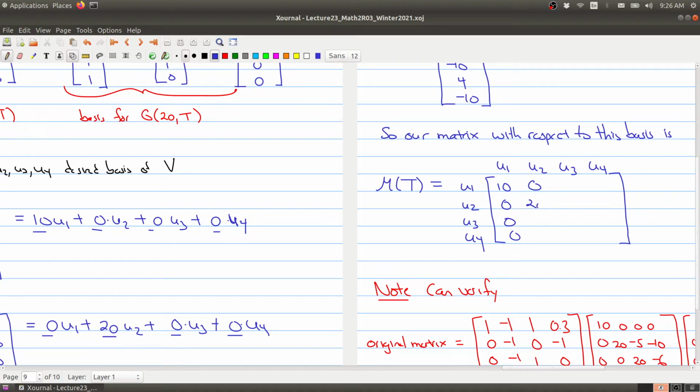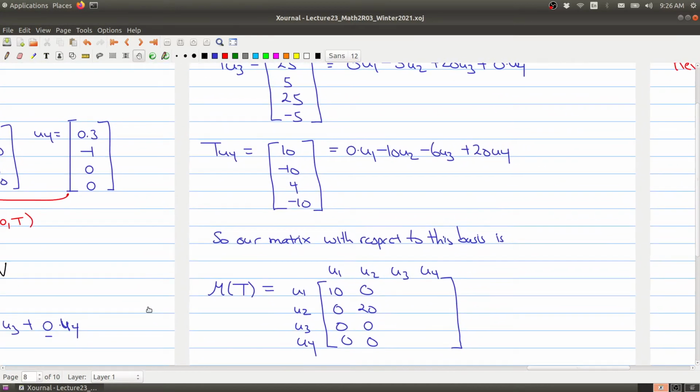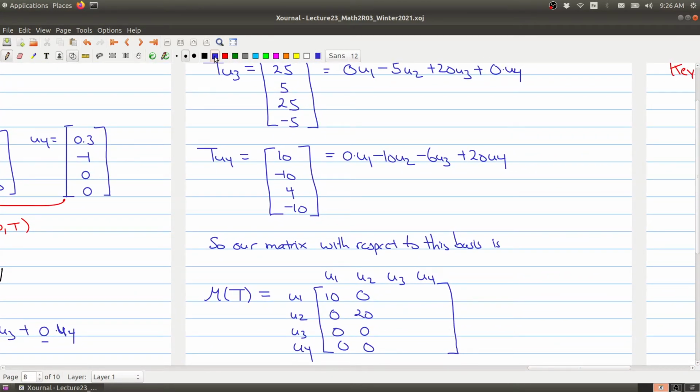The next column is 0, minus 5, 20, 0. And the last column is 0, minus 10, minus 6, 20. So there we are. We've now found a basis so that the matrix associated to this linear transformation is a block diagonal matrix where each of the blocks is upper triangular, and along each diagonal is the eigenvalue repeated to its multiplicity.